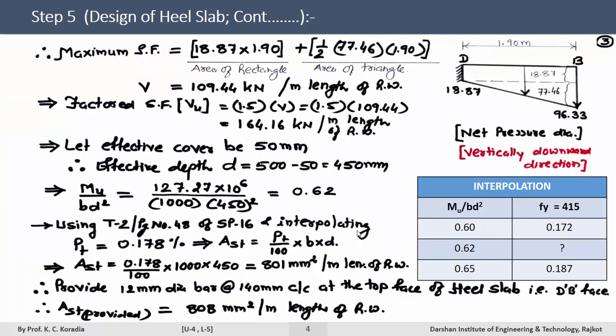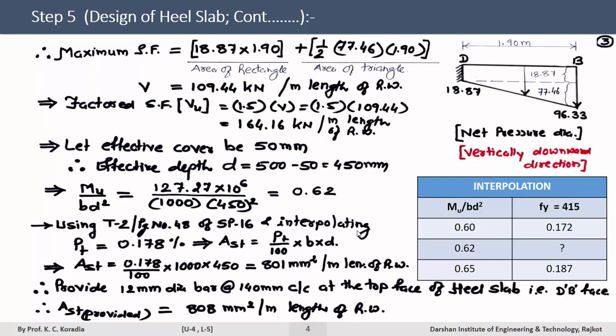Therefore, we will provide 12 mm dia bars at 140 mm center to center at the top face of the heel slab, that is towards the D-B face. Hence here we are providing an area of steel of 8.08 centimeter square or 808 mm square per meter length of retaining wall.